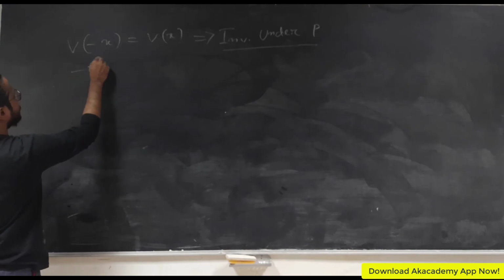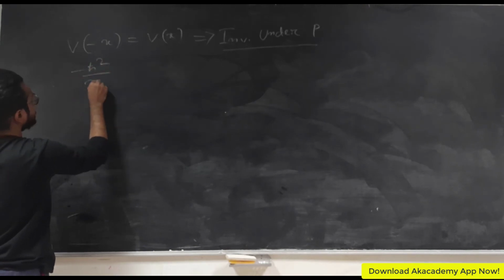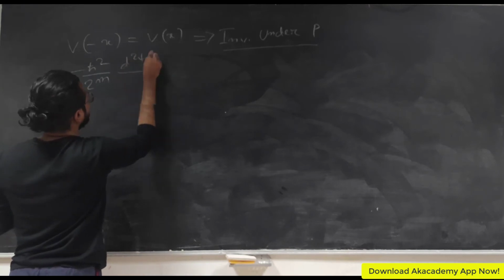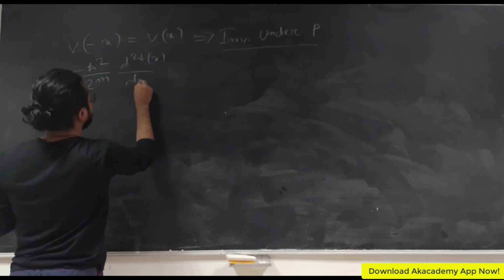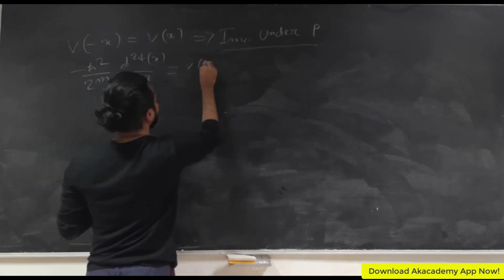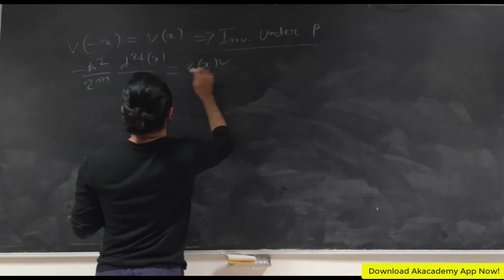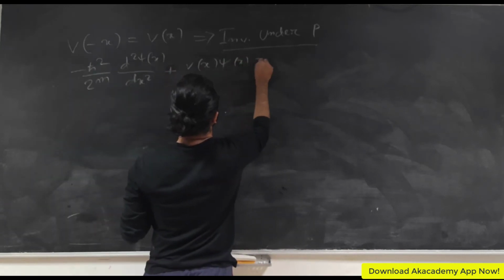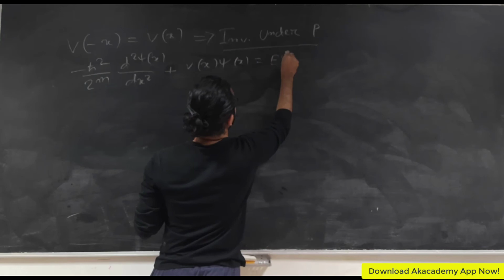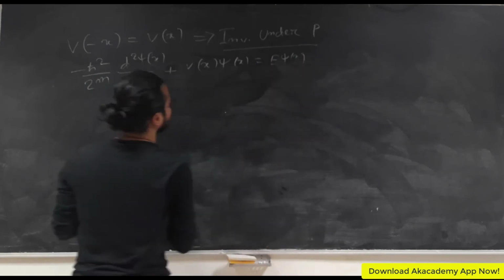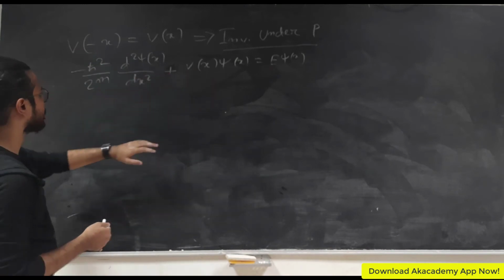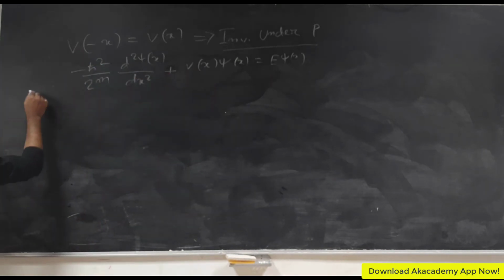So in the potential, the Schrodinger equation for a state is minus d2 psi of x dx2 plus V of x psi of x equal to E psi of x. Now, in the same energy state, I act on this with a parity operator.